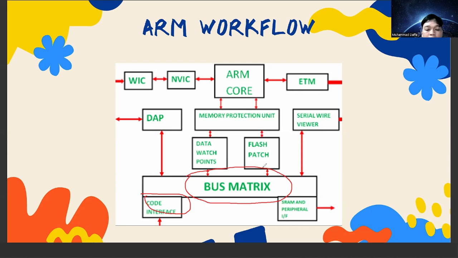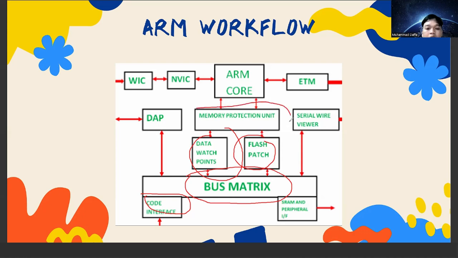Next, flash patch and breakpoint allows the ARM core to modify or correct data directly on the flash memory and monitor the running of the programs by adding breakpoints. And the data watchpoint monitors changes to certain data during a run.